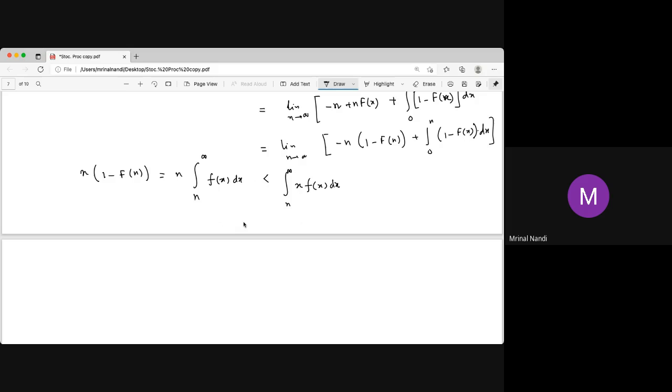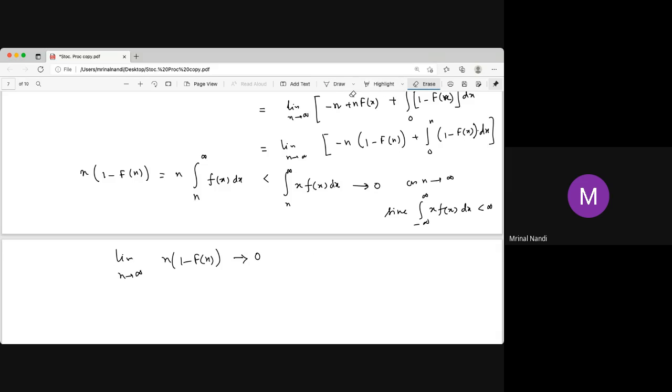And since we assume that the expectation exists, this tends to 0 as n tends to infinity. Since this improper integral exists and is finite, the tail part should go to 0. That means the limit n tends to infinity of n into 1 minus Fn tends to 0.